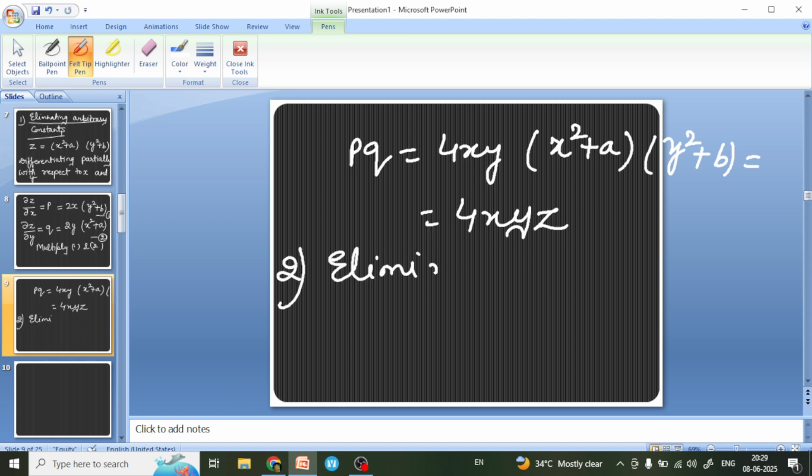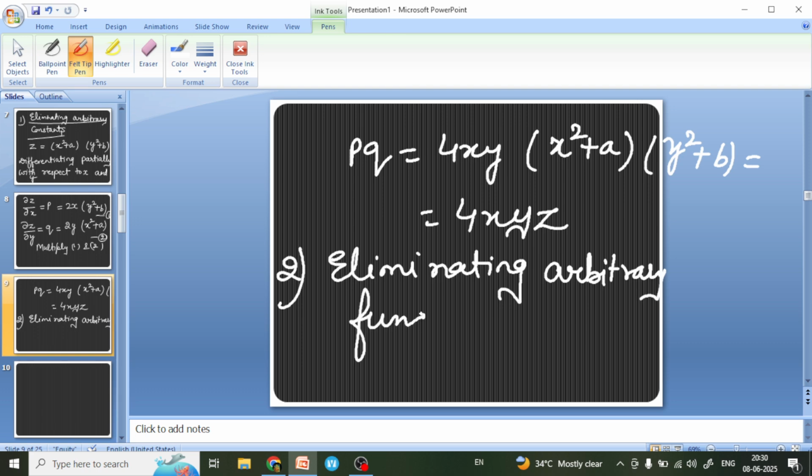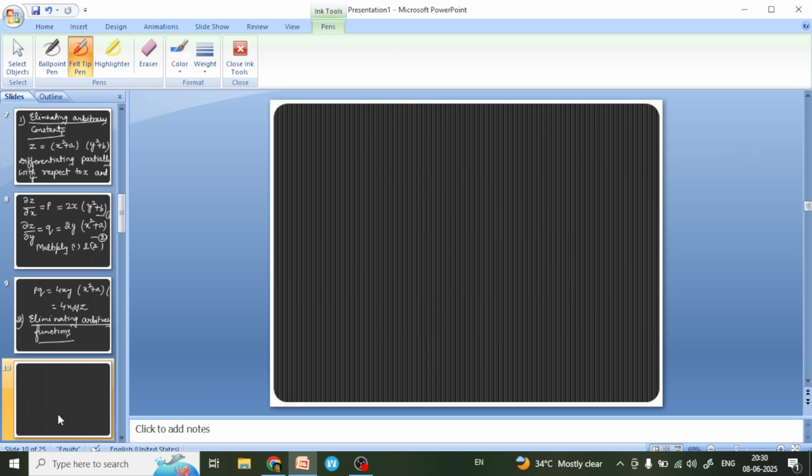Now second is eliminating arbitrary functions. I will take one example. If you are given z is equal to a function of x square plus y square, eliminate the arbitrary function from z equal to f of x square plus y square.